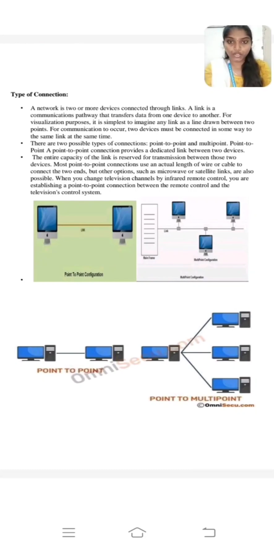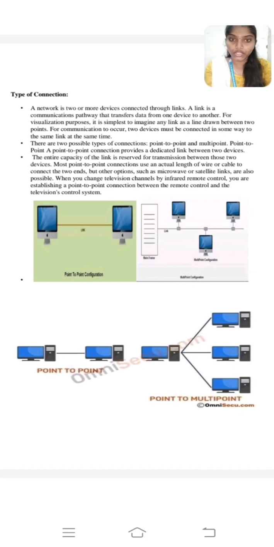There are two possible types of connections: point to point and multipoint. A point-to-point connection provides a dedicated link between two devices. The entire capacity of the link is reserved for transmission between those two devices.